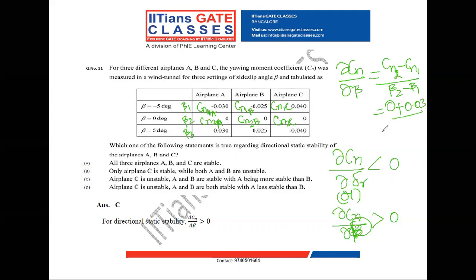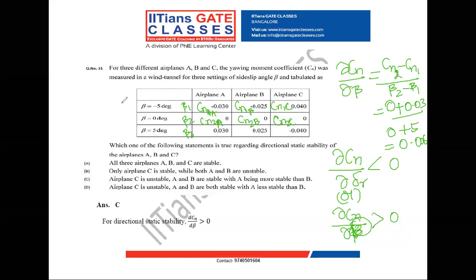Beta 2 is 0, beta 1 is minus 5, minus of minus 5 is plus 5. So 0.03 divided by 5 equals 0.006. That means airplane A is stable, because ∂Cn/∂β is greater than 0 for airplane A.